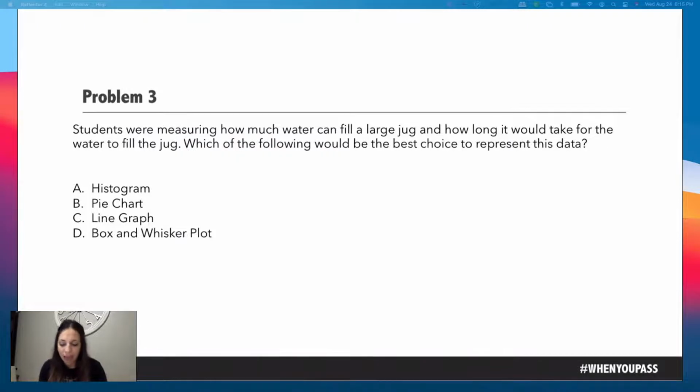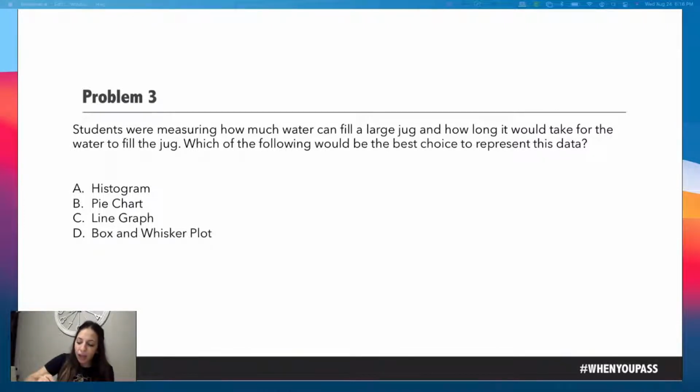Students were measuring how much water can fill a large jug and how long it would take for the water to fill the jug. Which of the following would be the best choice to represent this data? So we have to understand what kind of data we're representing.